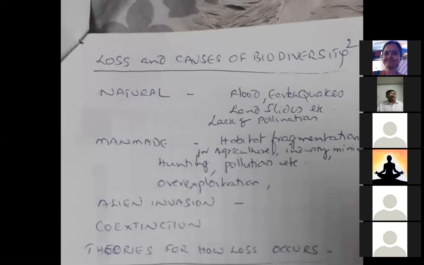This loss, what does this loss mean? Because you never know which insects help you, which plant helps you, and which animal helps you, at what level, in what food chain, what food web, or what food pyramid.